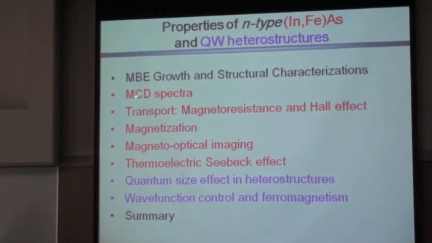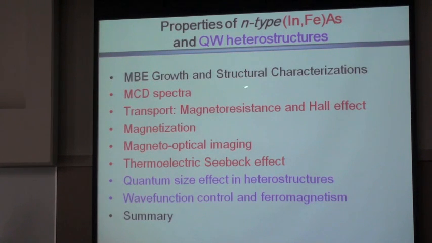First, the MBE growth and structural characterizations, and then MCD spectra to investigate the band structure and magnetic properties, and transport, magnetization, and magneto-optical imaging to characterize the ferromagnetic domain structure in this material, and also the thermoelectric Seebeck effect to confirm the n-type conduction, and also estimate the effective mass of electrons and the Fermi level position.